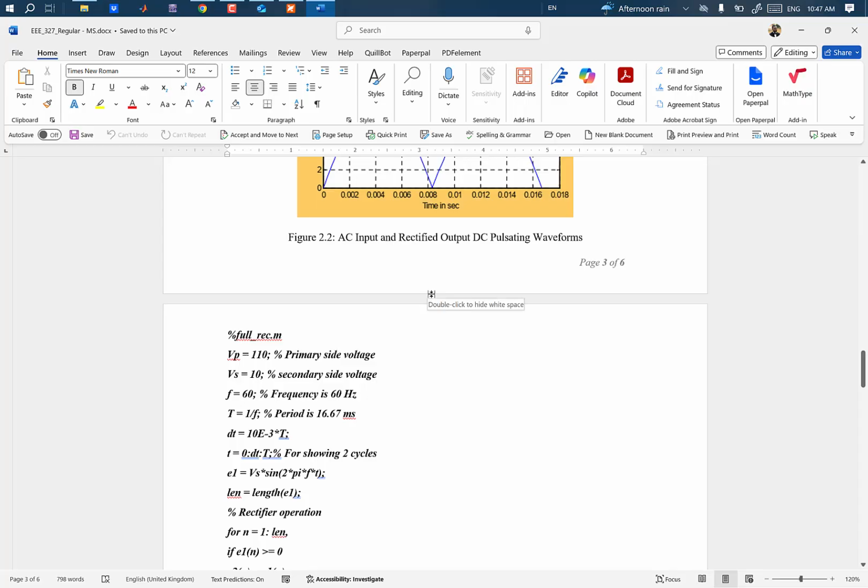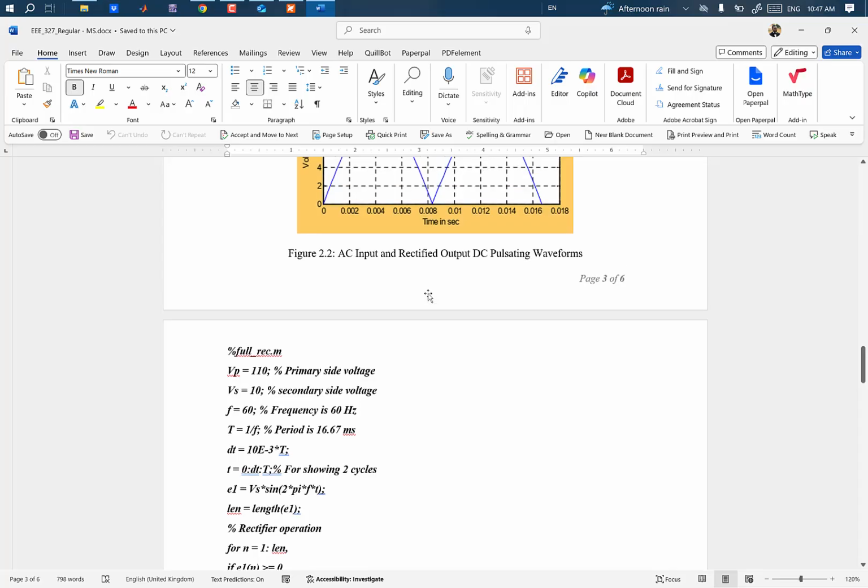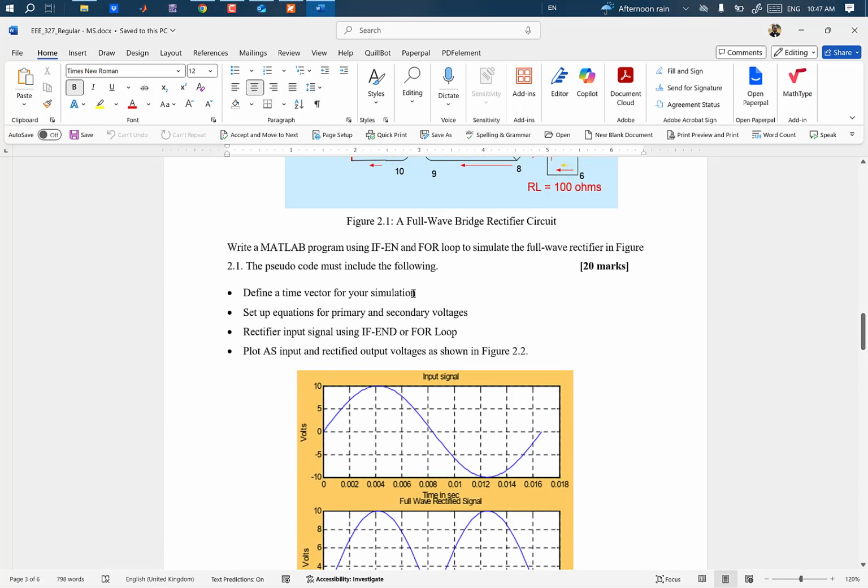So you have to define the time vector, set up equations for primary and secondary voltages, rectify the input signal using the if, end, and for loop, and then plot the input and rectified output voltages.